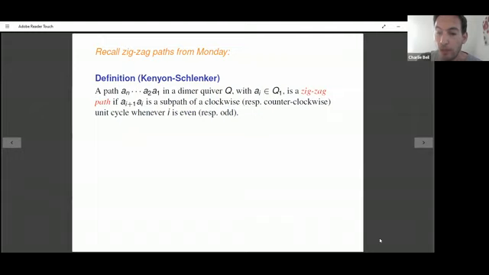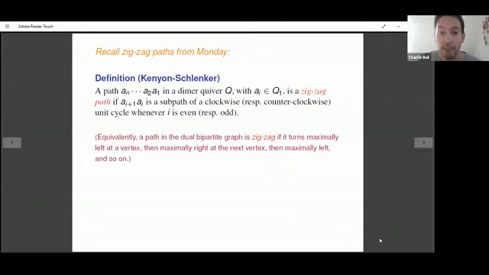Okay, so recall quickly from Monday what zigzag paths were. A path A1, A2 through AN in a dimer quiver Q, with each AI an arrow, is a zigzag path if AI plus 1 is a subpath of a clockwise, respectively counterclockwise unit cycle whenever I is even, respectively odd.